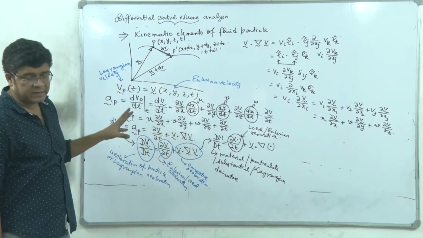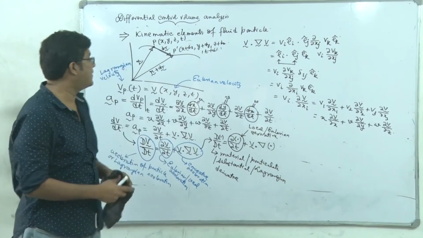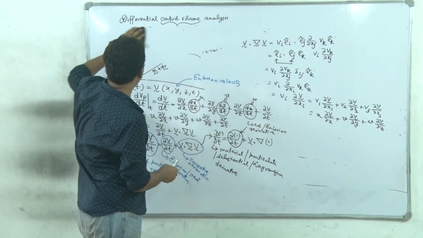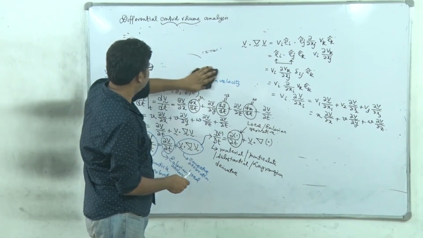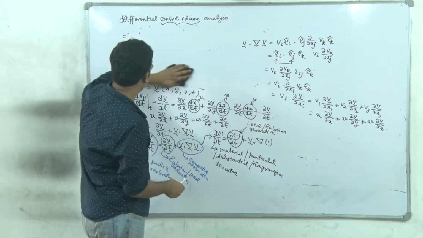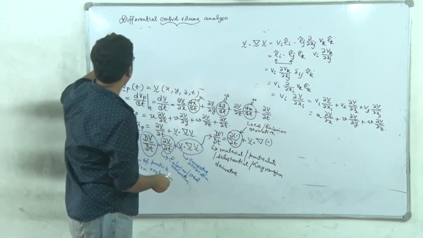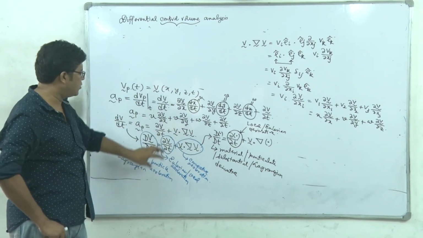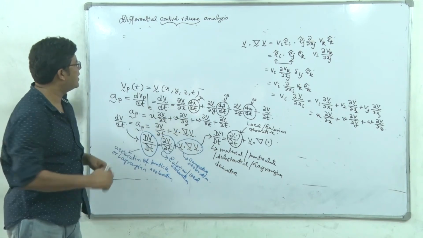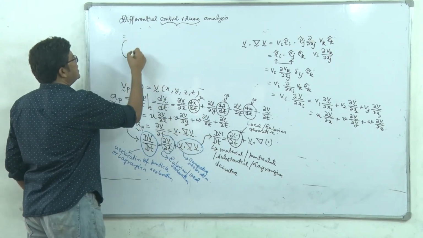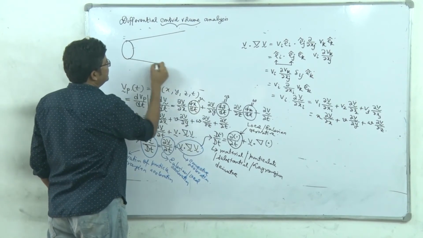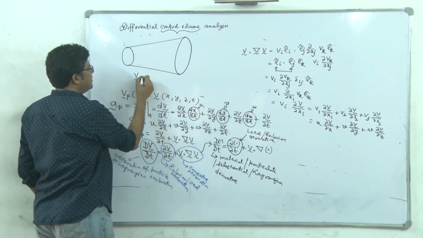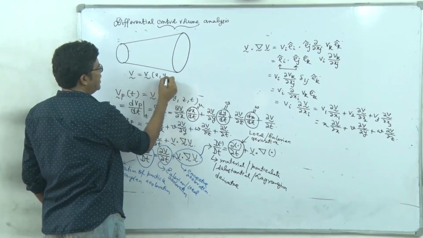Now let's understand what is convective acceleration. You see, the total acceleration which a particle will undergo is equal to the local acceleration plus convective acceleration. Let's say it is a steady state velocity field, V is a function of x, y, z only.